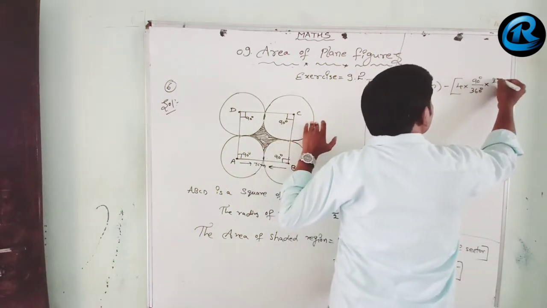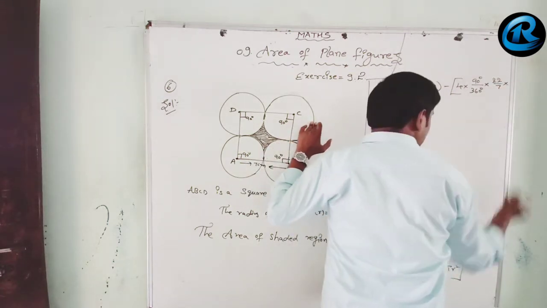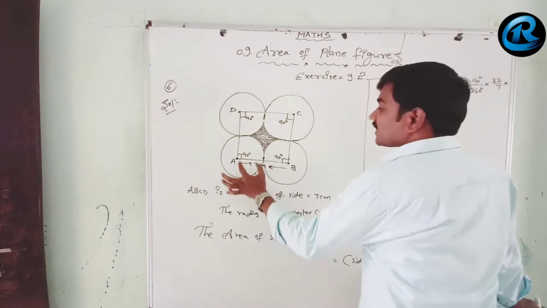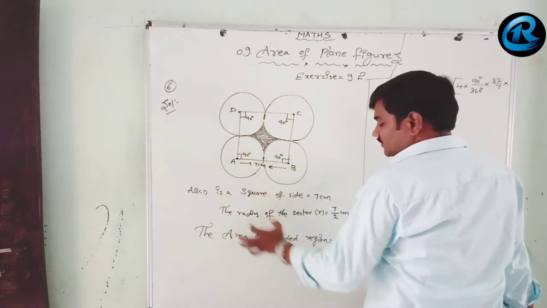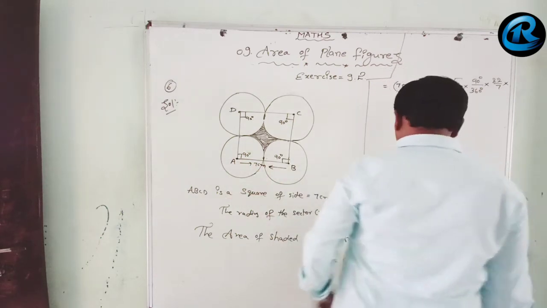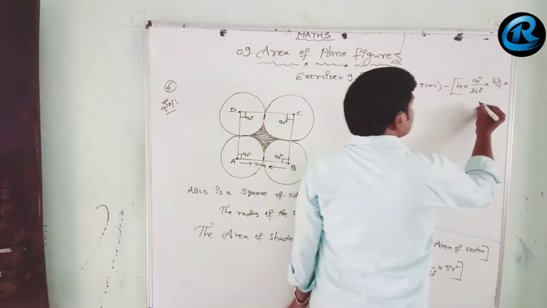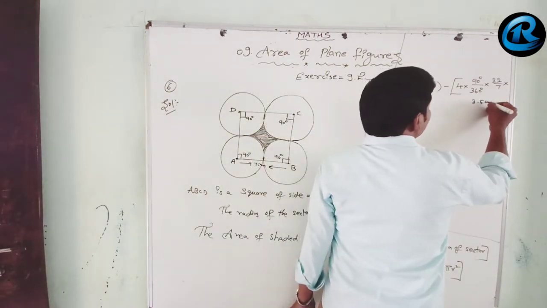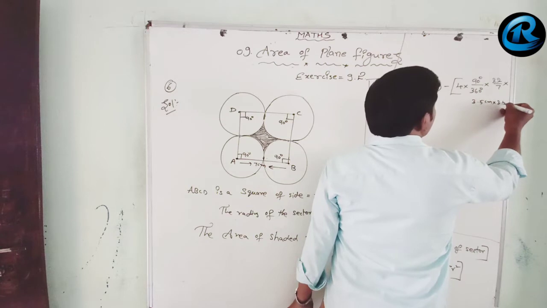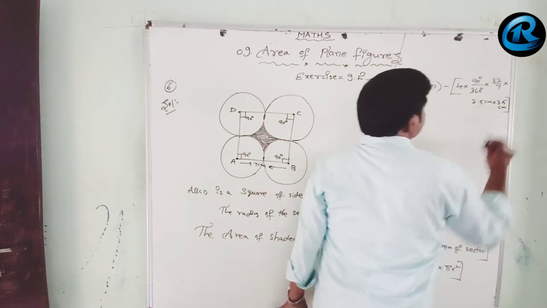Pi is 22 by 7 into r. The radius of the sectors that we got is 3.5 centimeters, so 3.5 centimeters into 3.5 centimeters.